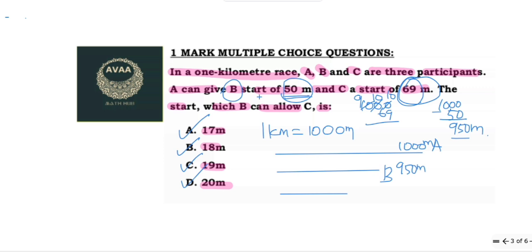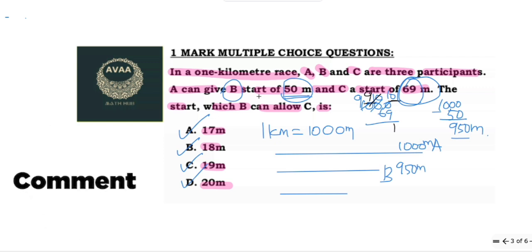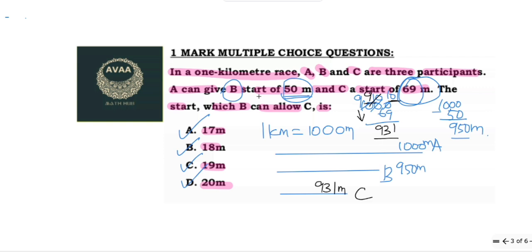So if we take away 9 from 10, that is 1, and here it would be actually 9. So 9 minus 6 is 3, and this has come down, which is 931 meters. That is for C.